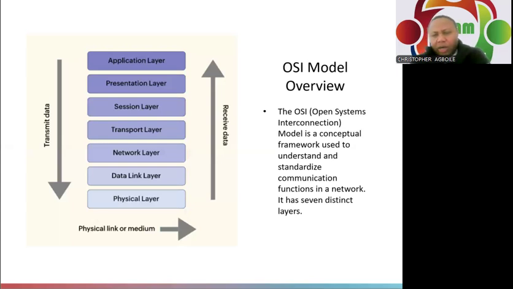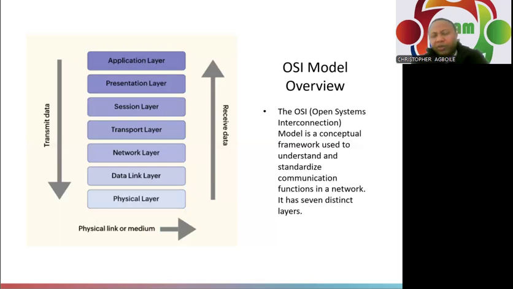The OSI model, which you already know as Open System Interconnection, is a conceptual framework that is used to understand communication in networking. It's also used for standardization in communication in networking.